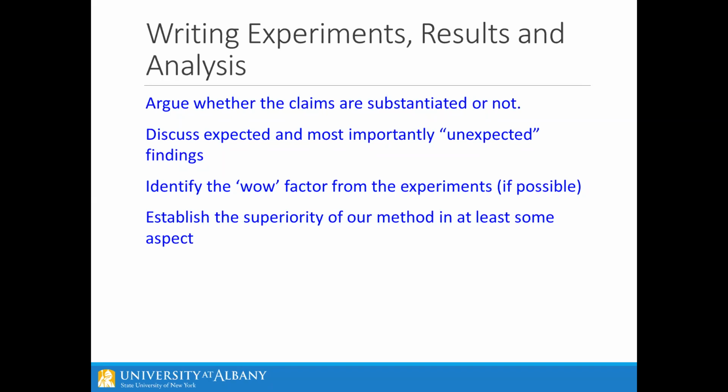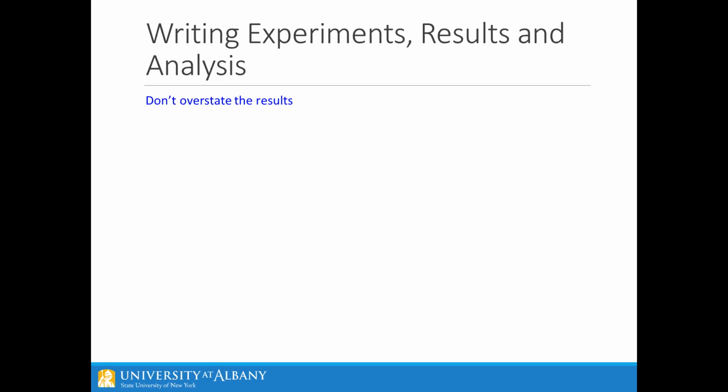We need to establish the superiority of our method, at least in some aspect. So it doesn't mean that your solution has to be superior or better in all the aspects, but at least in some aspect it should be better than existing solutions, existing methods.